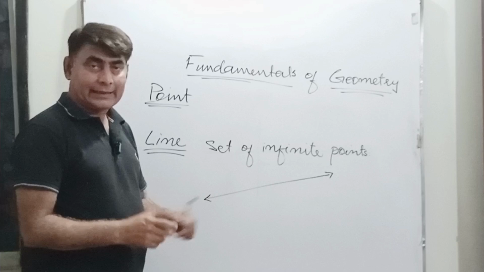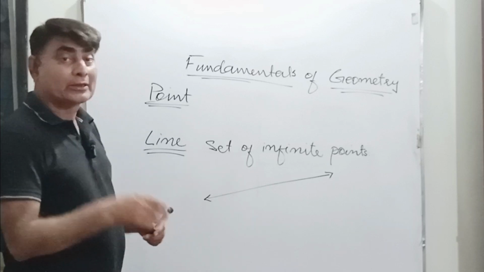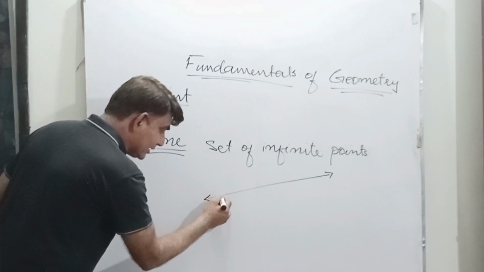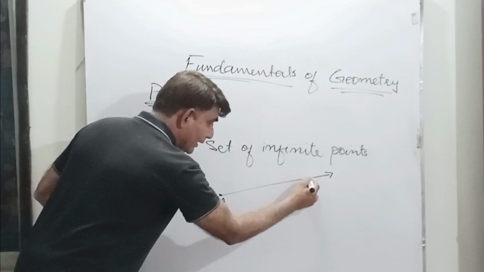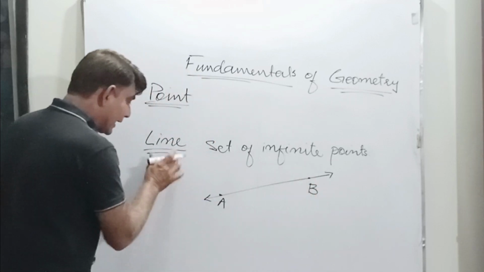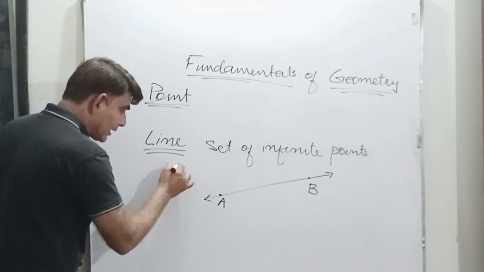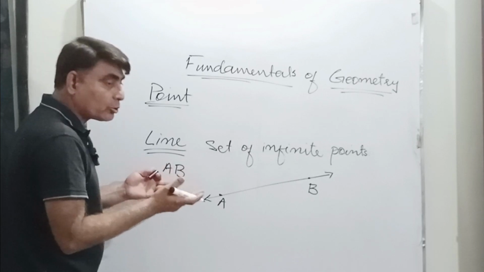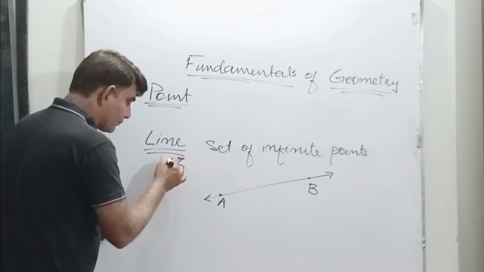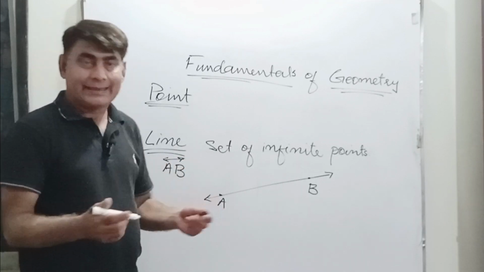If I consider point A here and B here, a line can be represented by placing a double arrow sign above it like this. So this is a line.